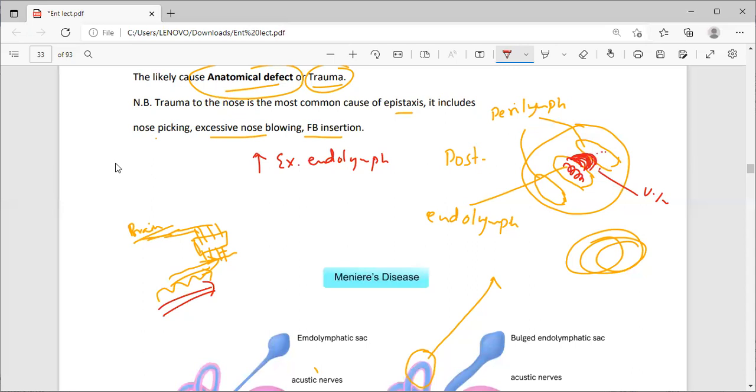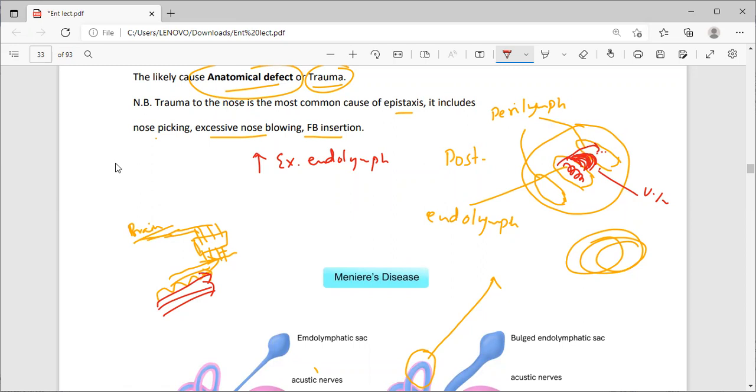We are getting signals of head movement, but that is false. You are not having any head movements, rather your endolymph is being excessively produced. It will stretch the vestibular membrane, eventually rupture it, and all the fluids will communicate into the perilymph.